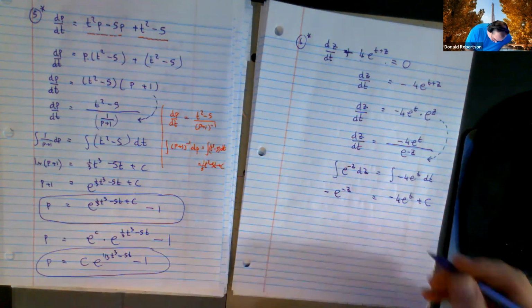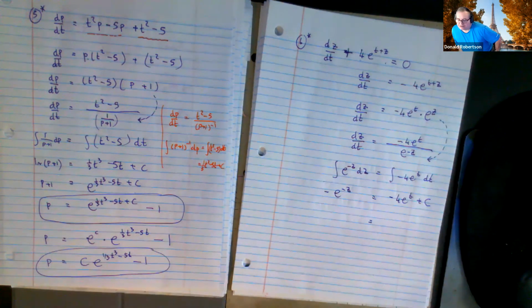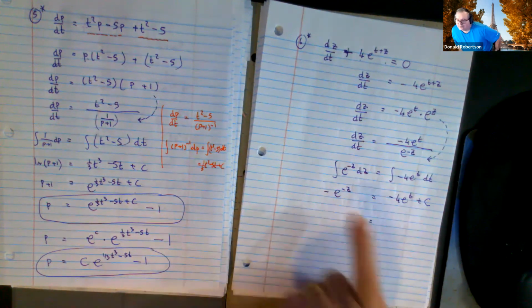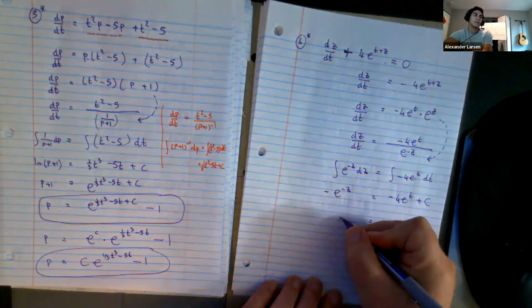Okay. Our job is to make that thing look like z equals. Little steps, take care of little bits at a time. What should I do to both sides to make it a little bit easier to deal with? Multiply by -1. Okay, we've seen that a few times, right?